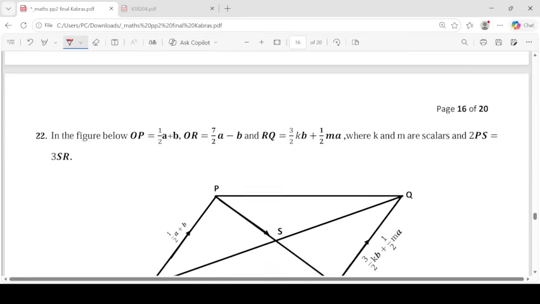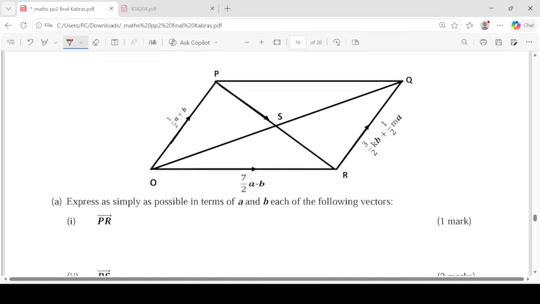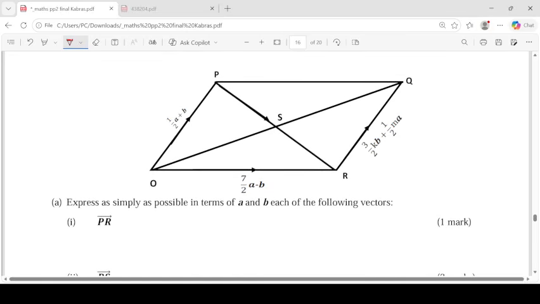Question number 22. In the figure below, OP is a half A plus B, OR is 7/2 A minus B, and RQ is 3 over 2 KB plus a half MA, where K and M are scalars, and 2 PS is equal to 3 SR. Express as simply as possible in terms of A and B the vector PR.